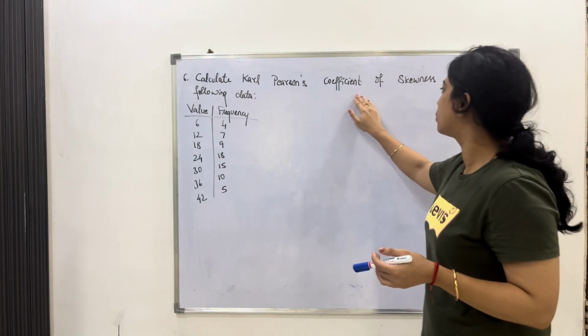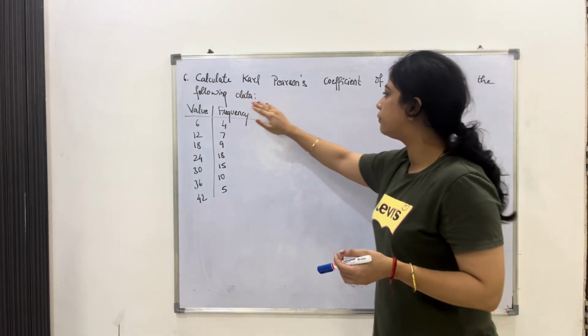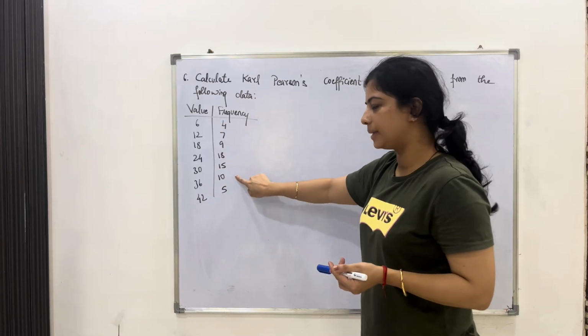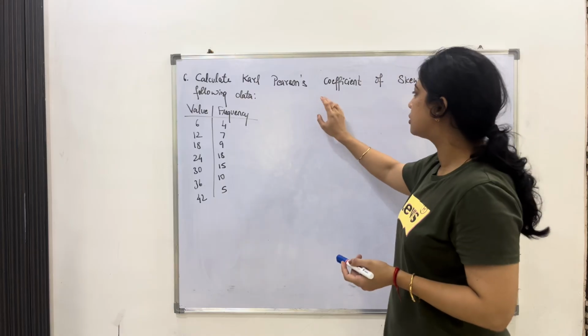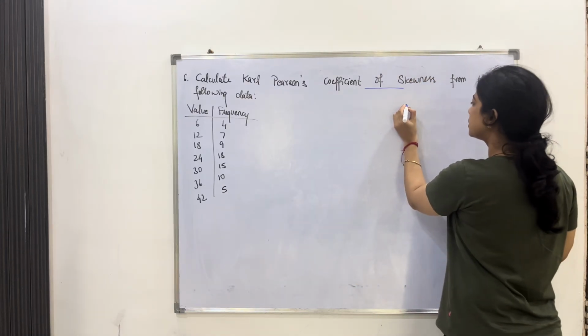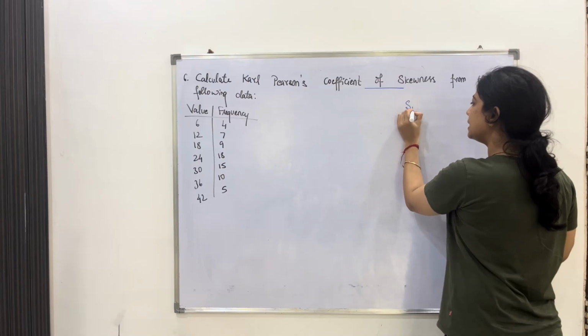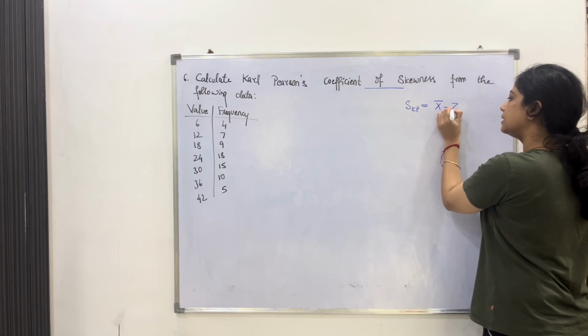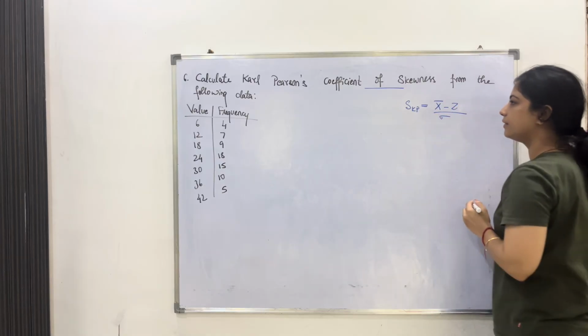Calculate Karl Pearson's coefficient of skewness from the following data. Now here, value is given to us, frequency is given to us, and they're asking us to find Karl Pearson's coefficient of skewness. So the formula for this is, again, SKP is equal to mean minus mode by standard deviation.